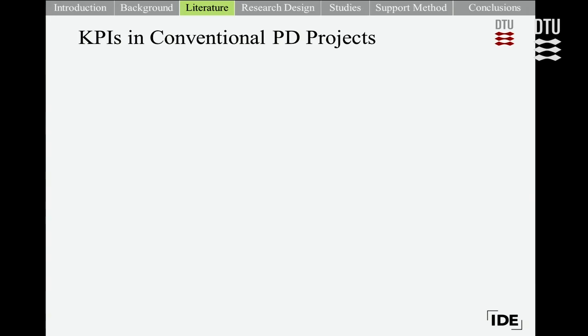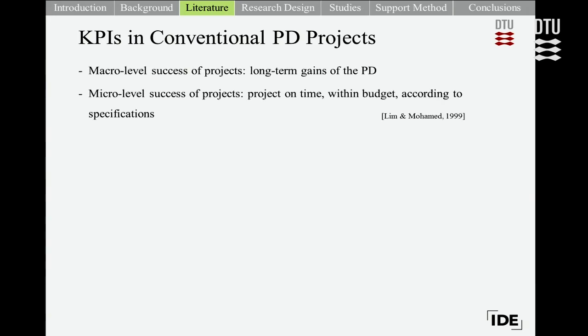There are different ways of evaluating the success of projects. One is macro level success, which focuses on the more long-term gains and is usually measured by top level management. Then there's micro level success, which is where we focus, at the project level, and relates to whether the project was on time, within budget and according to the specifications.